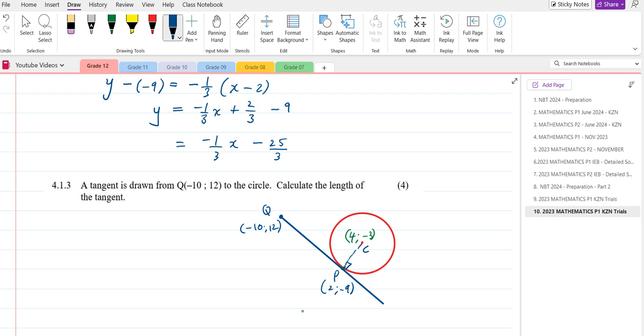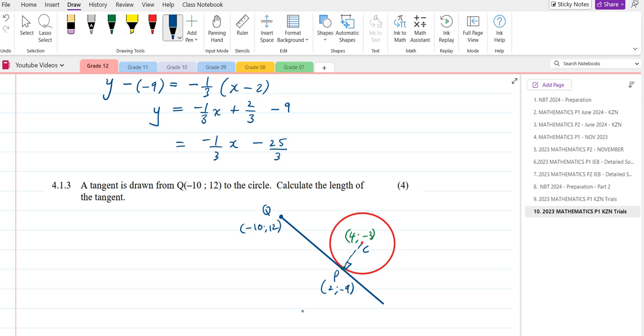We already have point P here, right? A tangent is drawn from Q to the circle. Calculate the length of the tangent.